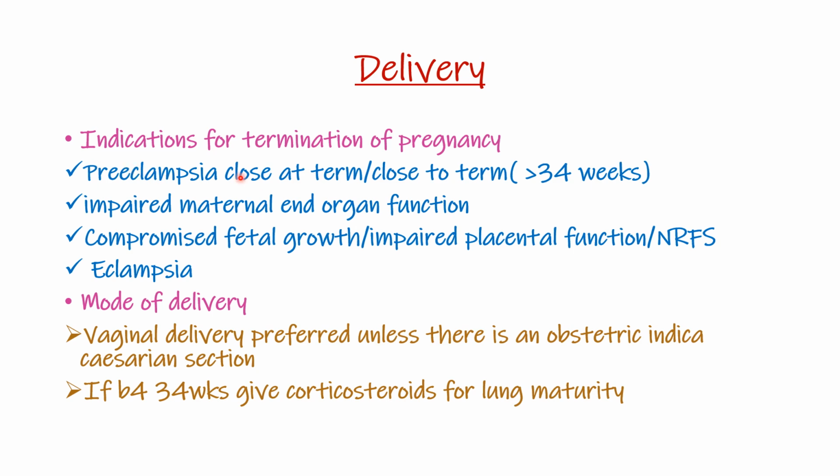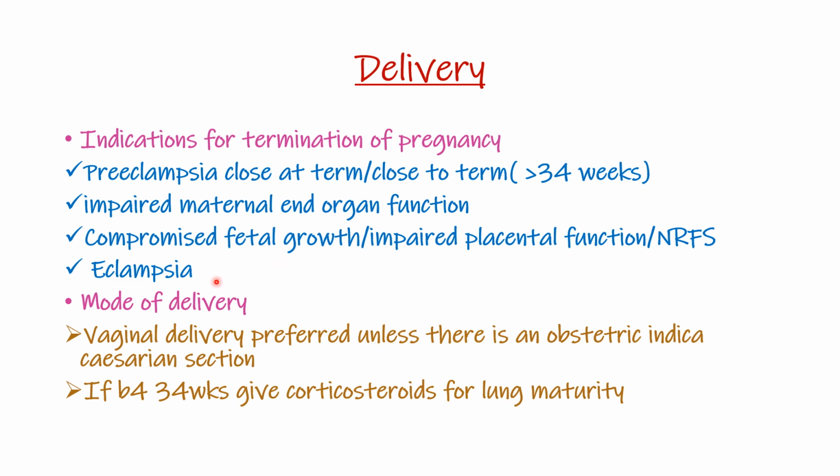So preeclampsia at or close to term, that is greater than 34 weeks, where the fetus has achieved lung maturity. Then impaired maternal end organ function, as we have mentioned before, compromised fetal growth or impaired placental function or non-reassuring fetal status, and eclampsia, as we mentioned before.